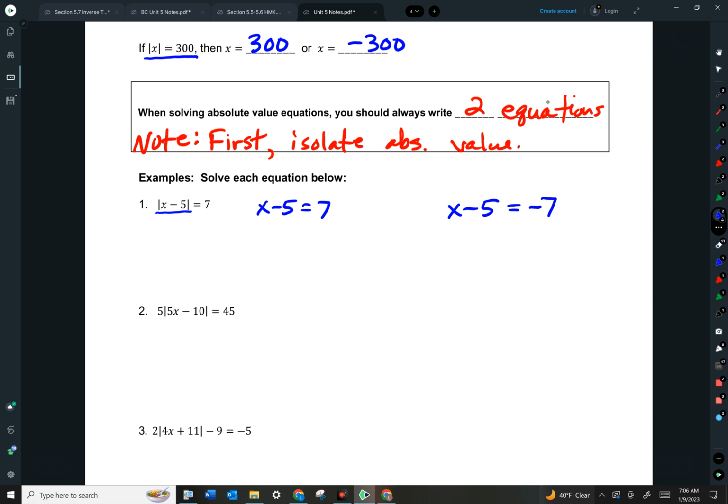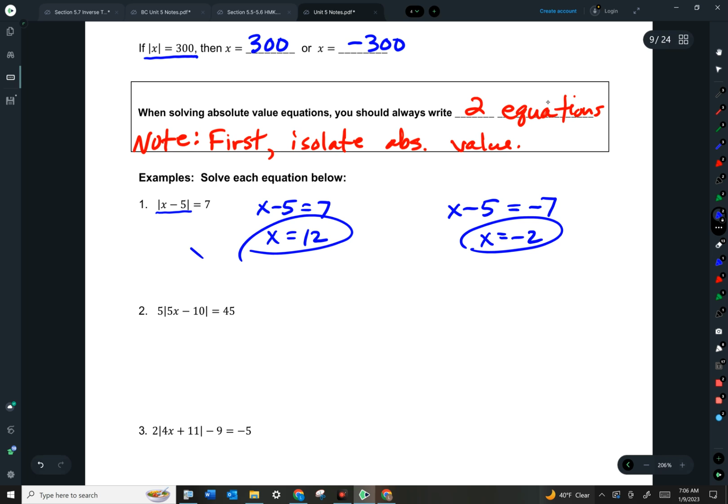So that's how we write our two equations, and then we just solve each one of those separately. In this case, if I add 5, I would get x equals 12. In this case, if I add 5, I would get x equals negative 2. So there are my two solutions to the absolute value equation.